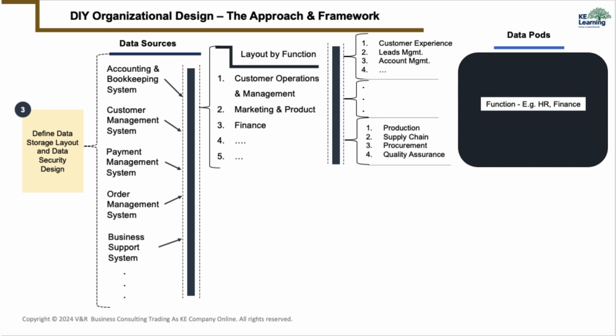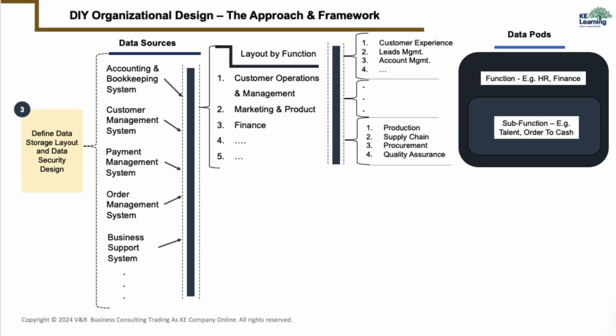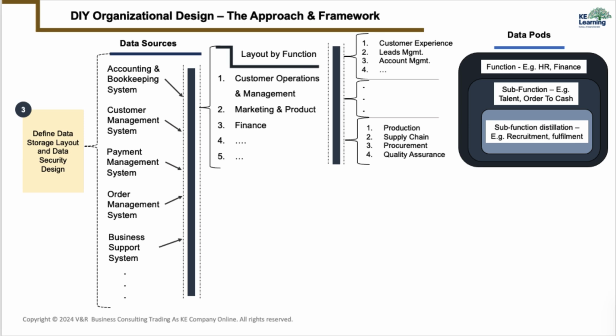These data subpods within the main function's pod can be distilled to a level that makes sense in terms of the size of the pod, as well as the intended usage of the data to be stored within the given subpod. For example, first level is the overall function data pod itself, within which the distilled subfunction pods are stored, within which subfunction distillation pods are stored, and further distilled if required.